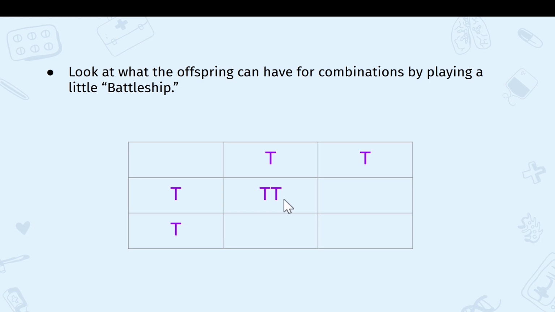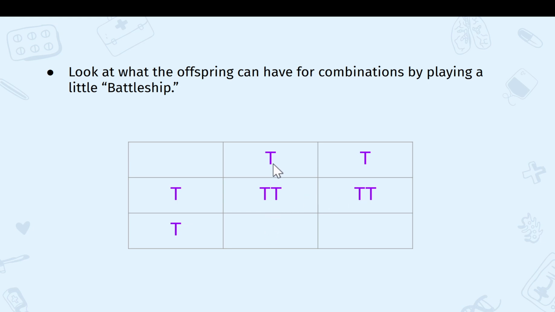That offspring, because it has both tall dominant genes, is going to be tall. In this box, I have tall from this parent and tall from this parent. I hope you can see how it kind of looks like I'm playing Battleship. So again I have tall for that offspring. It will be a tall plant.